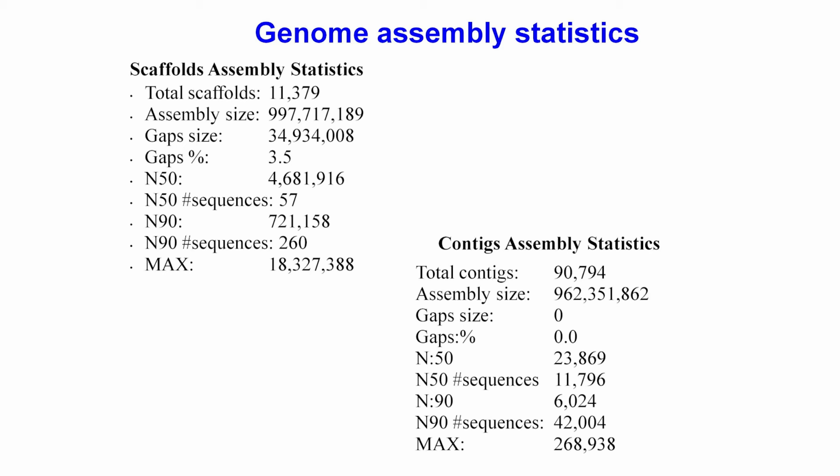It's about 11,000 scaffolds with an N50 of about 46.8. For the contig assembly statistics, the total is close to 100,000 contigs, with an assembly size of 962 MB, an N50 of about 23.8, and about 1,200 sequences.